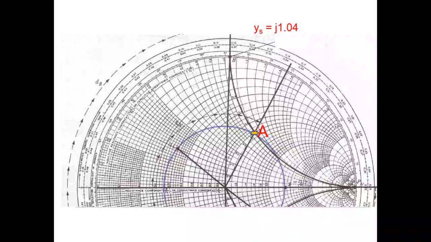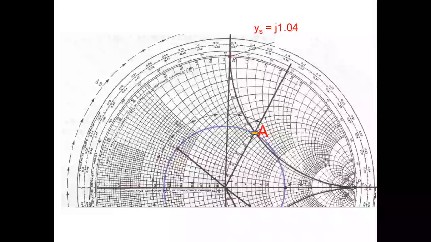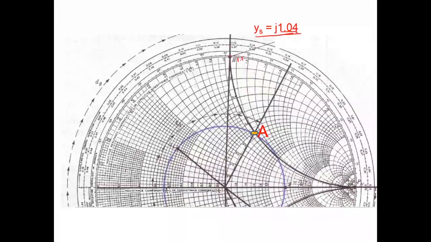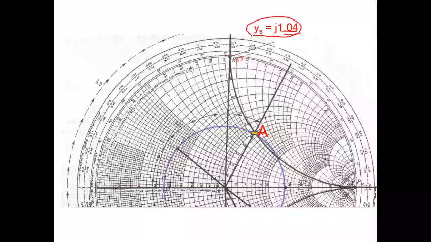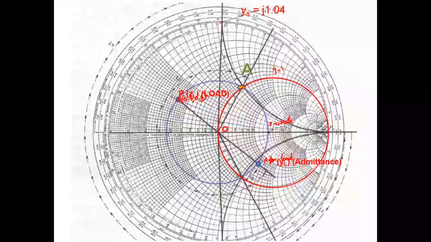At point A, the arc value is 1.04. You won't get this much accuracy, but it can be like 1.05, because this is 1.1. So you can take YS as J1.04 or 1.05. This is how you get 1.04.